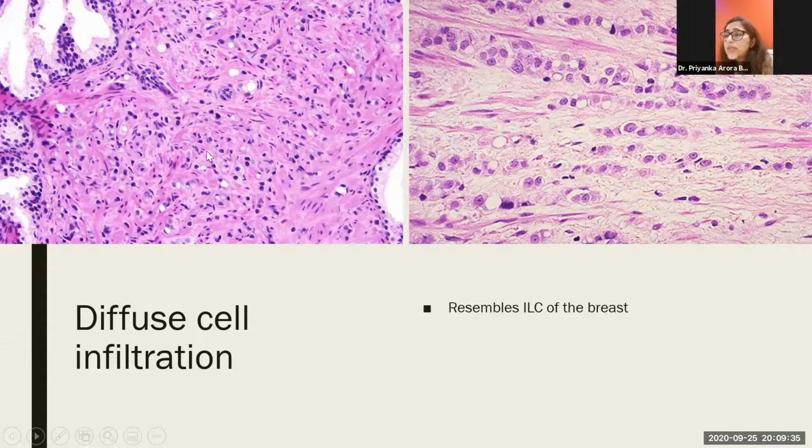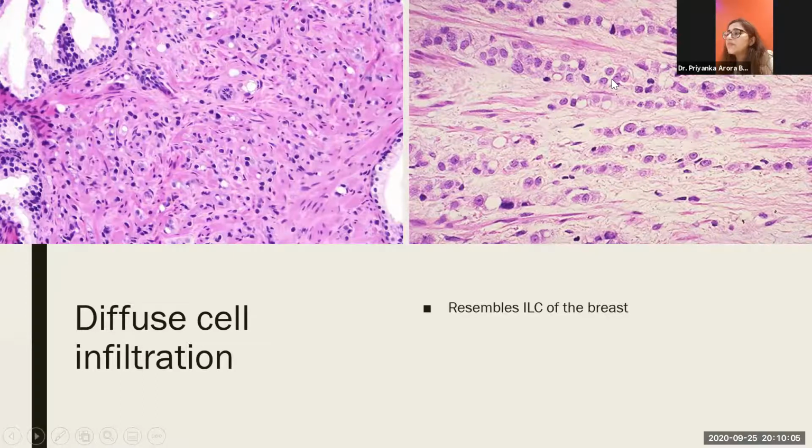Again, maybe some of the nuclei are hyperchromatic, but you can't make out nucleoli and enlarged nuclei, etc. But yes, these are abnormal looking nuclei, and these are cells that are showing diffuse infiltration. They're not forming glands, they're not forming any architecture, they're not forming any sort of pattern. So this is diffuse cell infiltration. This is Gleason score 5.